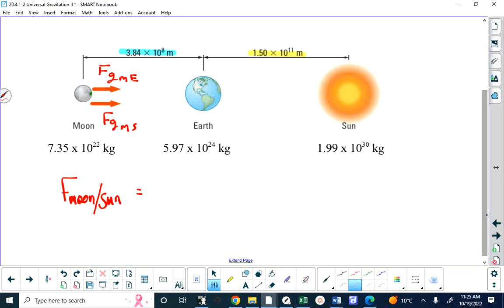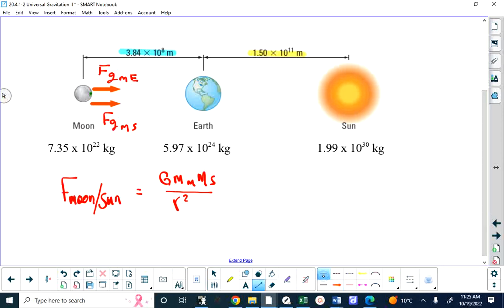When you use G, mass of the moon, mass of the sun, over r squared, r is going to be this distance. It's the distance between the centers of the two objects. So we have to add these two highlighted distances together in our calculation.